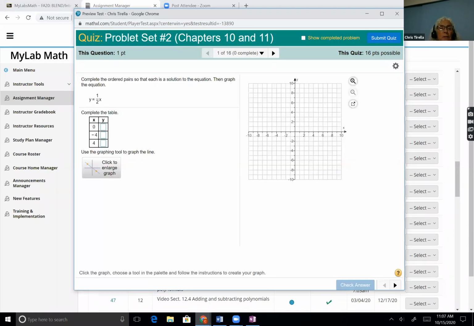It has like 16 or 17 questions. This first asks you to find ordered pairs for the fill in the table and then graph the line.